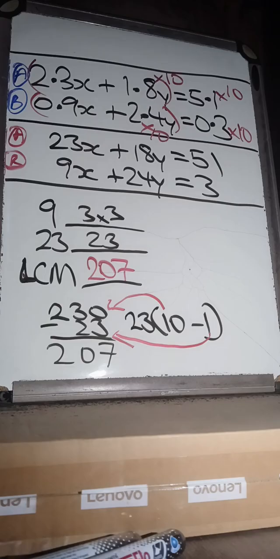So either way, we want this to be 207x, and we want this to be 207x. Right? So we have the two of them. So that takes care of that.